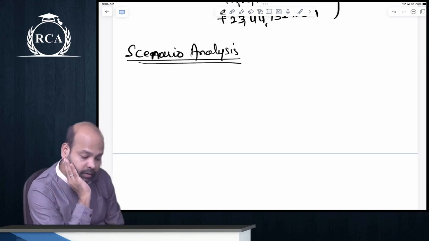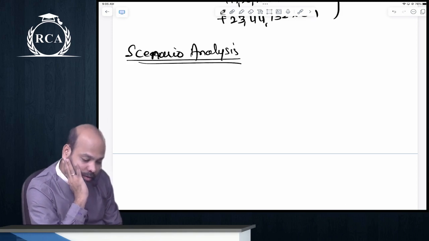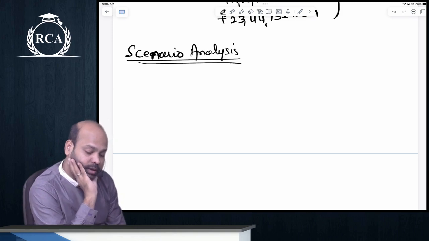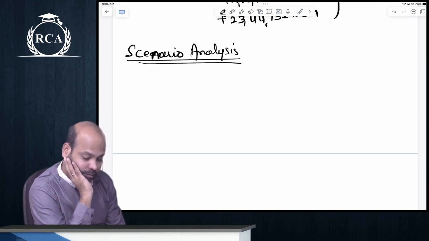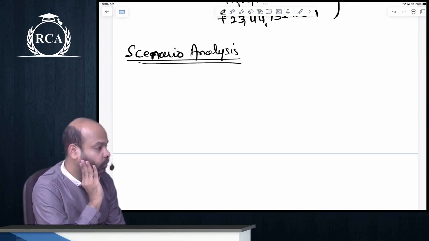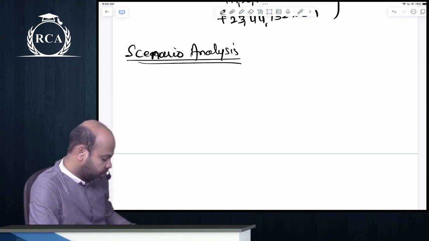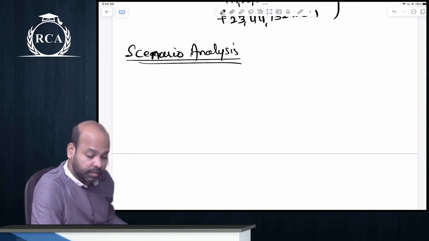Scenario analysis considers changes in multiple variables.